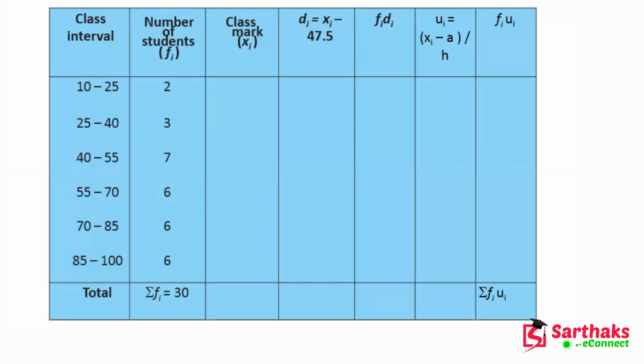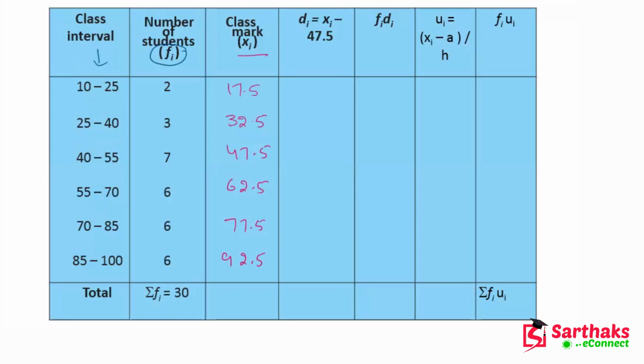We have the class interval and fi, and we have to find xi, meaning the class mark, which is the midpoint of the upper and lower limits of the class interval. This is 17.5, this is 32.5, this is 47.5, this is 62.5, this is 77.5, and this is 92.5. Now again we have to assume the mean.